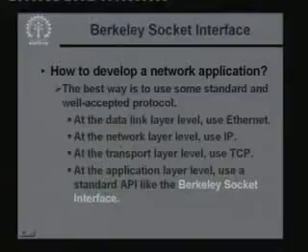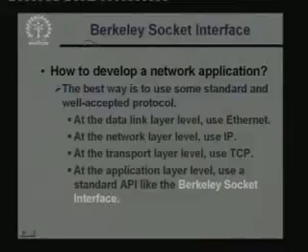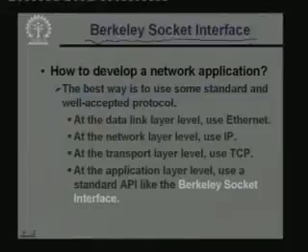Now, the answer is to have some kind of a standard interface. This is one very standard interface which people use. This is called Berkeley socket interface. Now, the name Berkeley socket interface has come because this interface was first announced as part of the so called Berkeley socket distribution or BSD Unix.